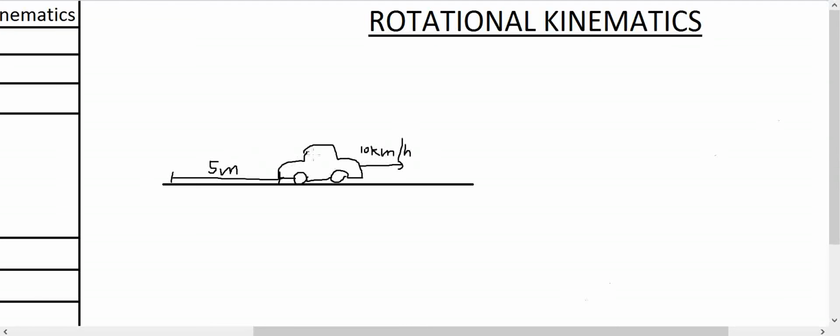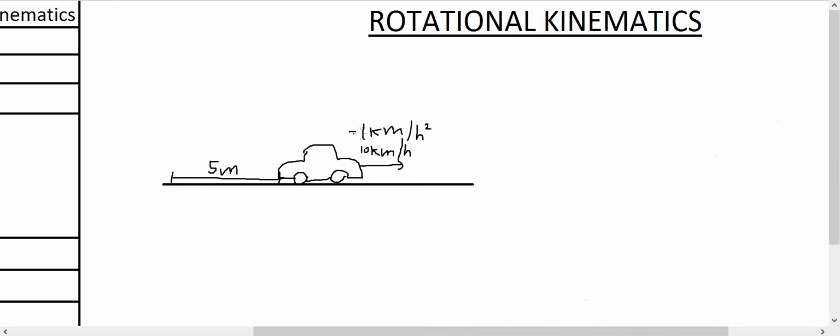Then acceleration is like speed going up or going down. If the speed increases by 1 km per hour for each hour, then the acceleration is positive 1 km per hour squared.